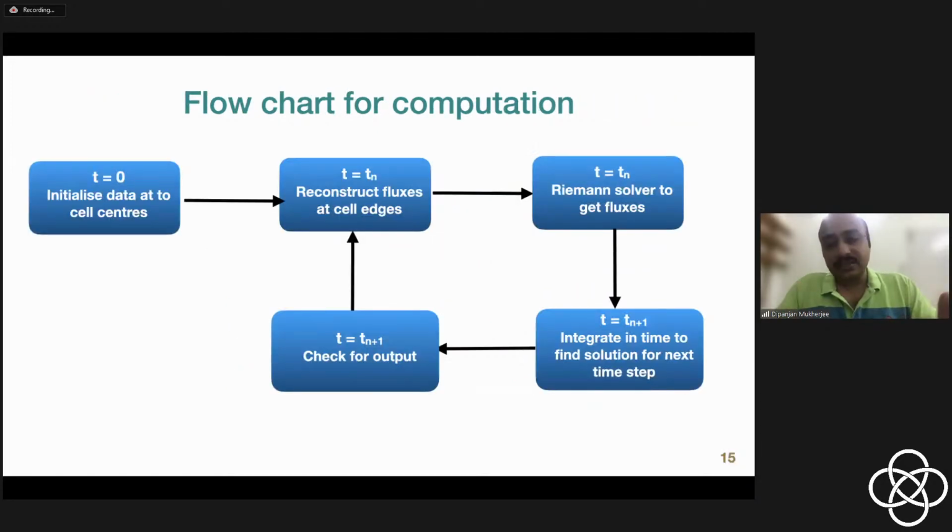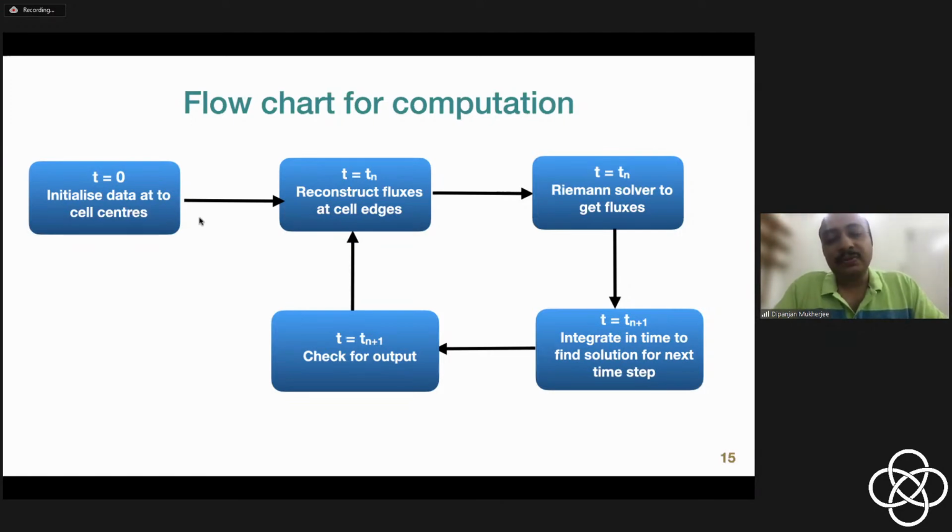Okay, so the reason why I highlighted these steps is that when you actually try to run Pluto, you will have to choose several numerical schemes for each of these steps, and having a brief understanding of these steps will help you to connect to what you're actually doing. So this is the standard flowchart for carrying out the simulation. At t equals 0, you initialize the data at the centers of each cell.